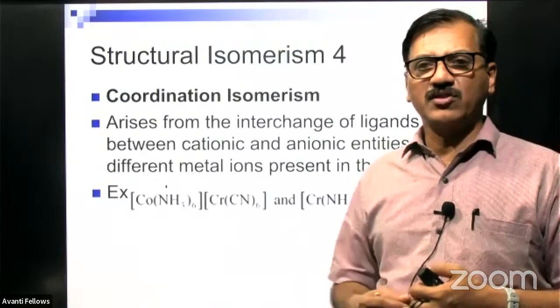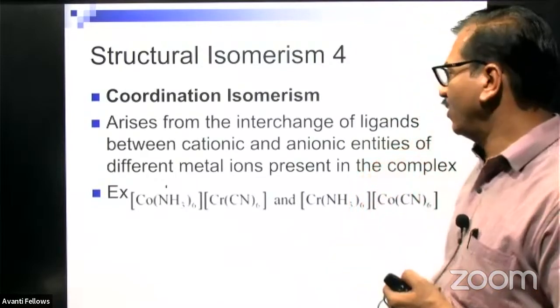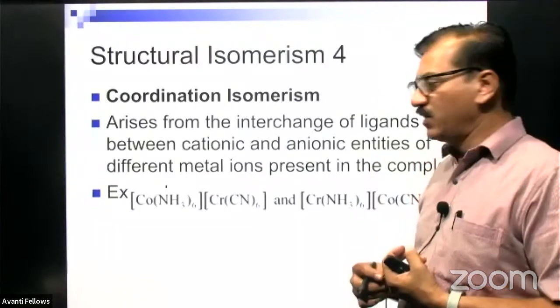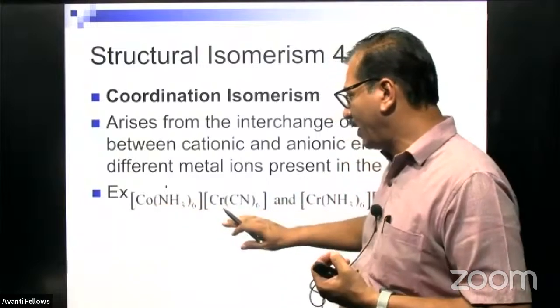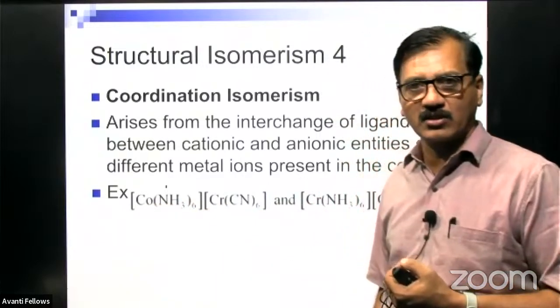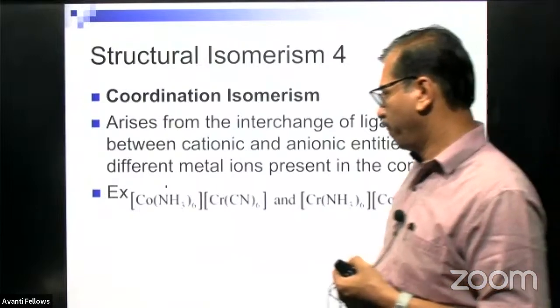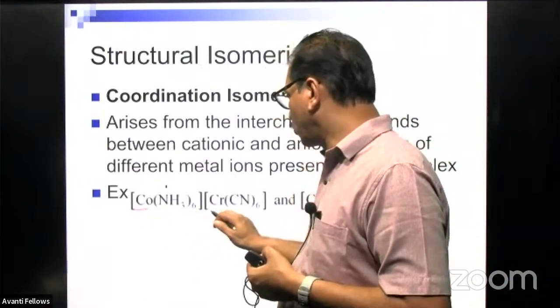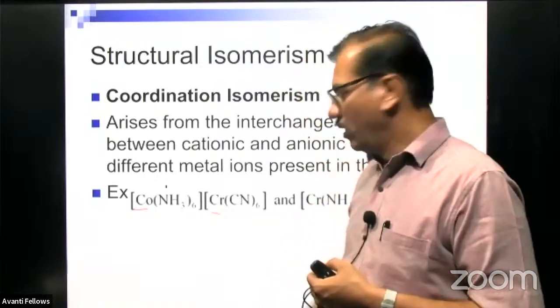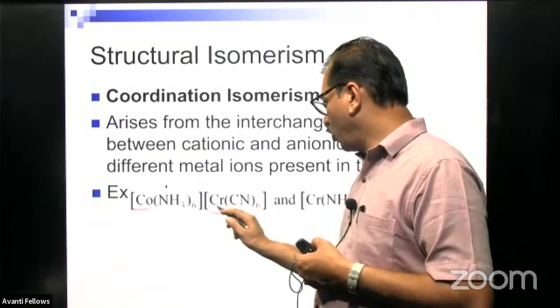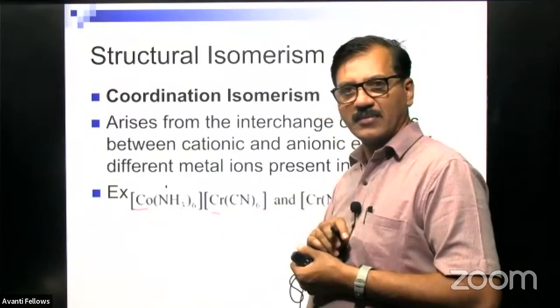Now, the fourth one is coordination isomerism. In coordination isomerism, the first condition is that both cation and anion should be complex ions. Only then it can occur. So there are 2 metallic species, cobalt and chromium. Cobalt has 6 ammonia and chromium has 6 cyanide ions.